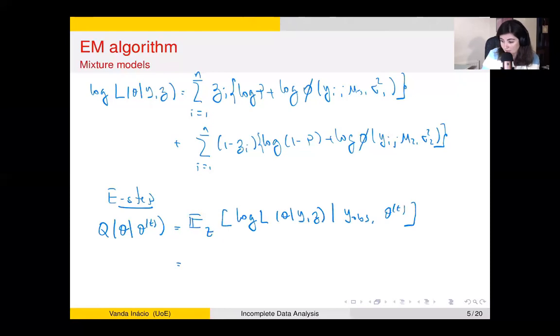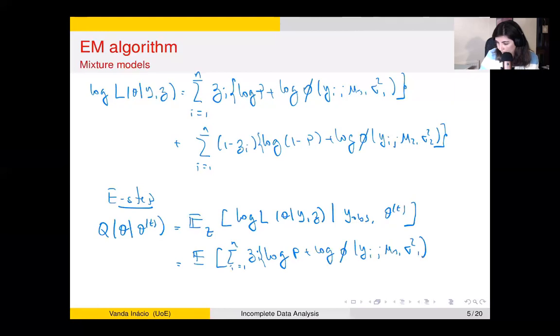And now I will plug in my complete data log likelihood. And here I can just replace what is observed.